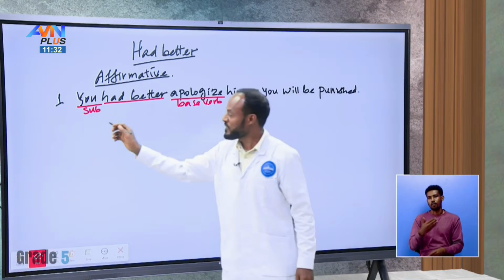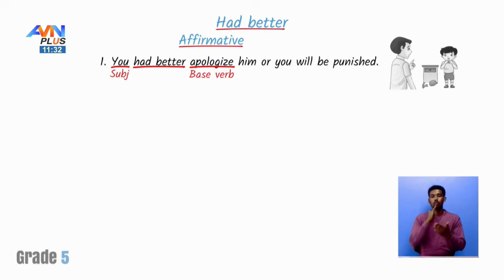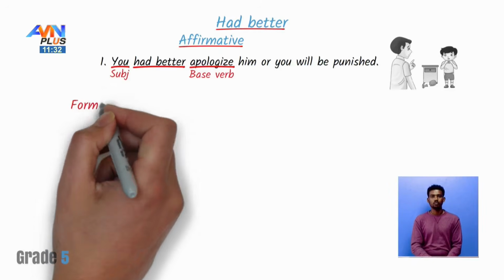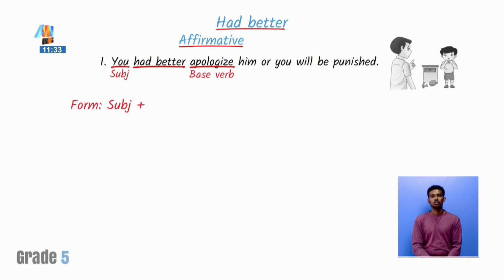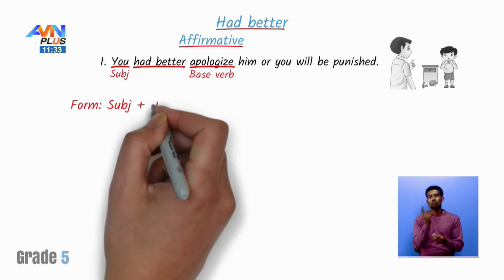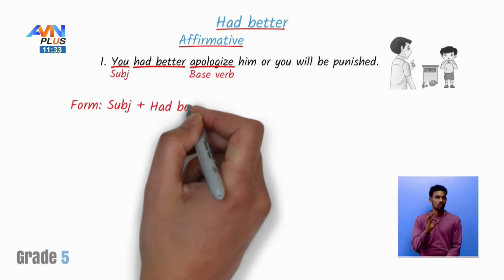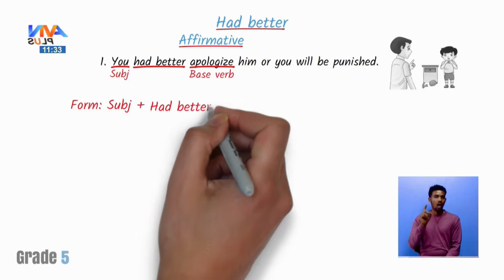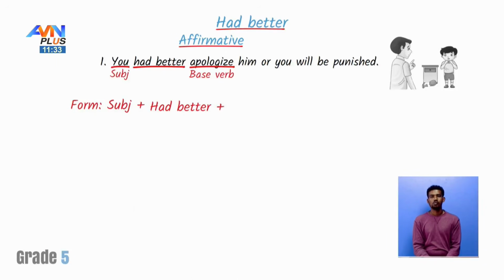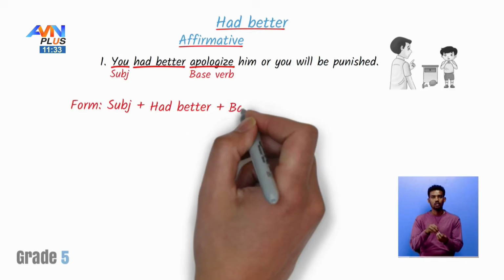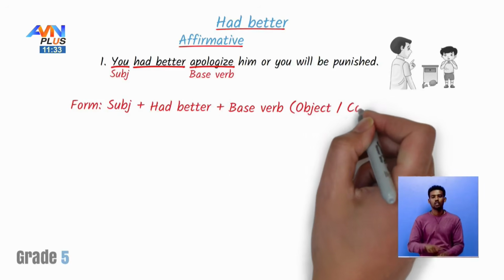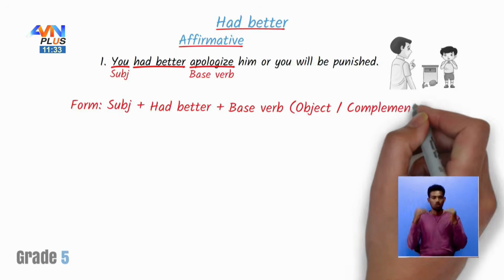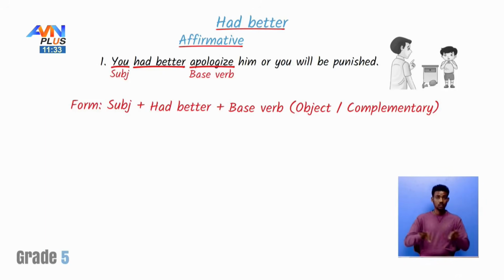So the form is here. Subject, because look, here is the subject, plus what? Nice. Had better, plus base verb. Excellent. I hope you did like this. And if necessary, we can add what?